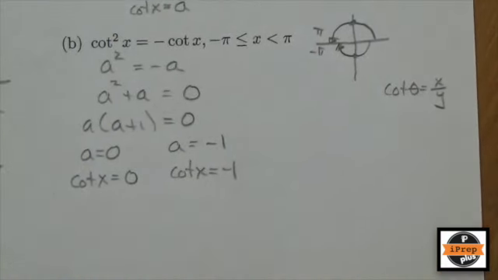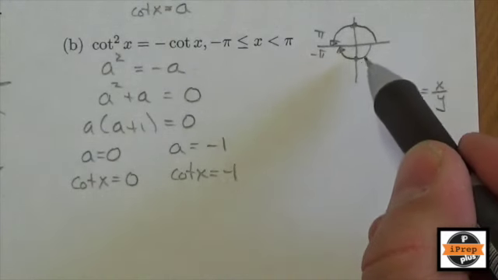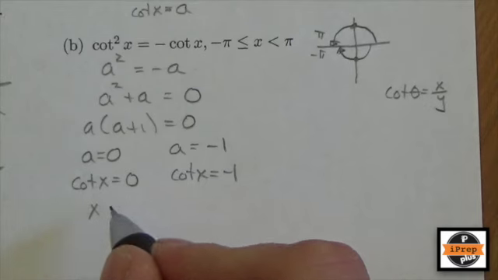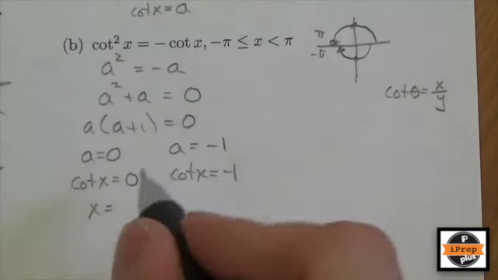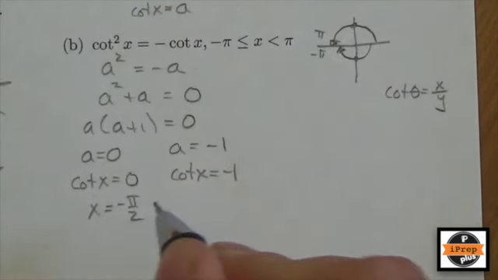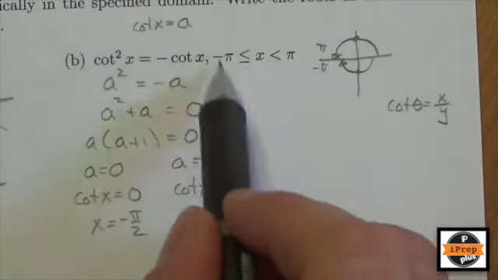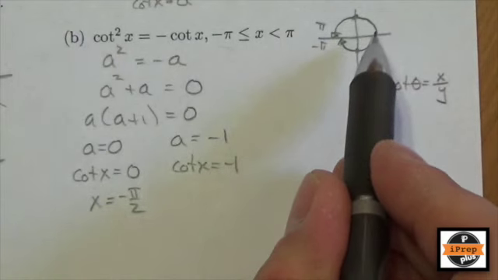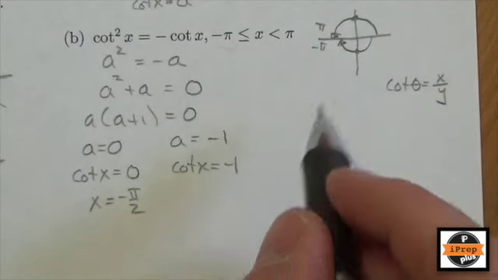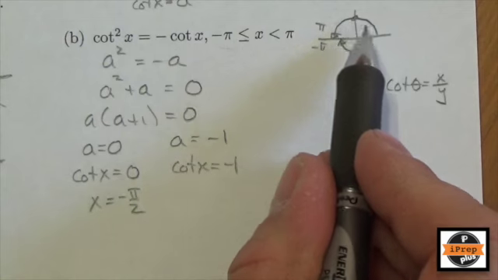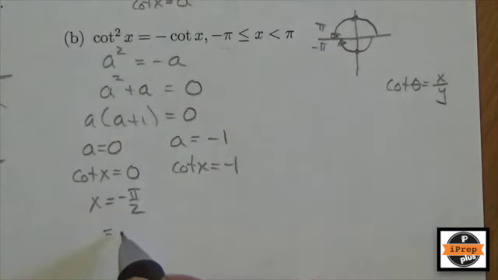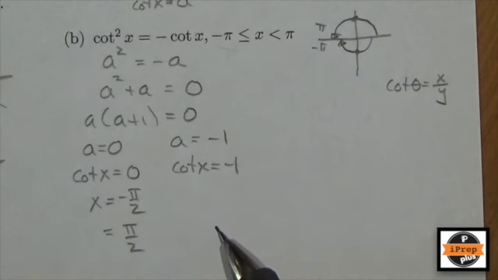Which means, particularly if we come around this negative rotation first, our first angle here is going to be negative pi over 2. And again, we know we're in radians because the domain that we're given here is given to us in radians. So negative pi over 2 is going to be this angle right here. Likewise, when we jump up to the positive rotation, I only have to go up to the y-axis, and so my other angle here would be positive pi over 2.